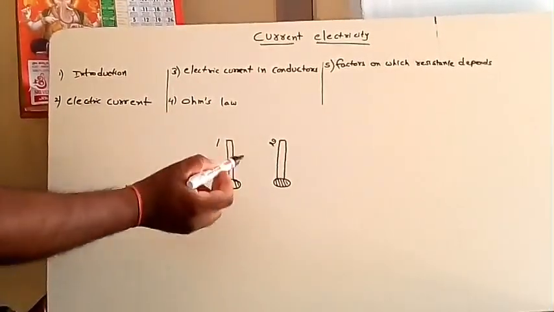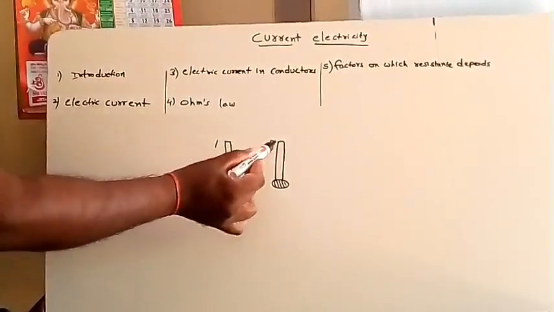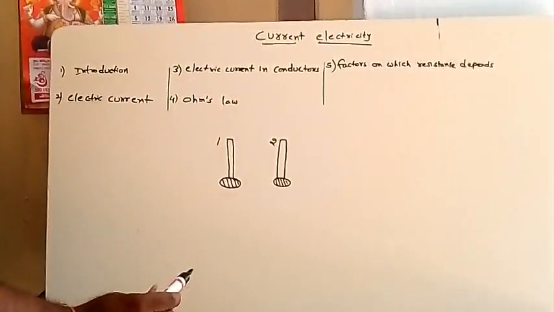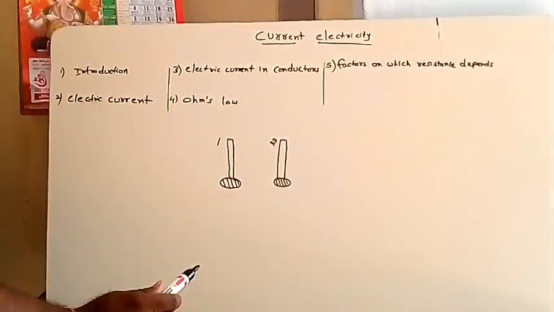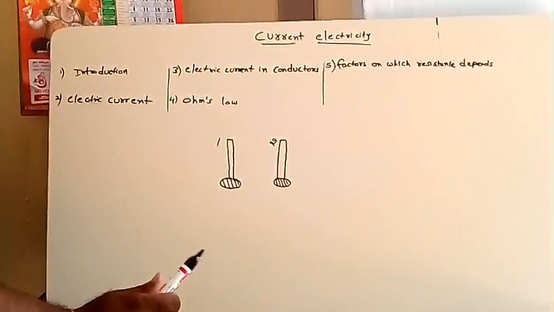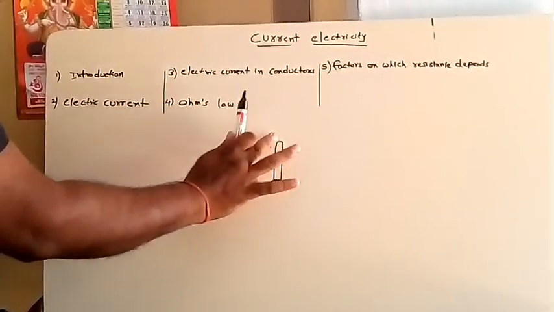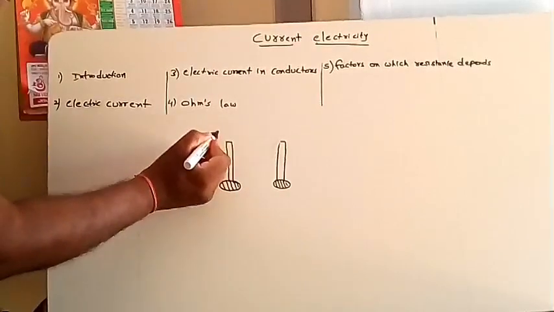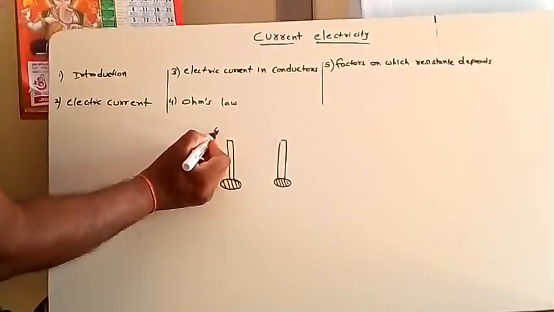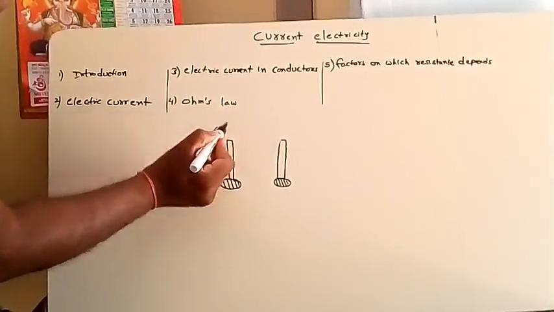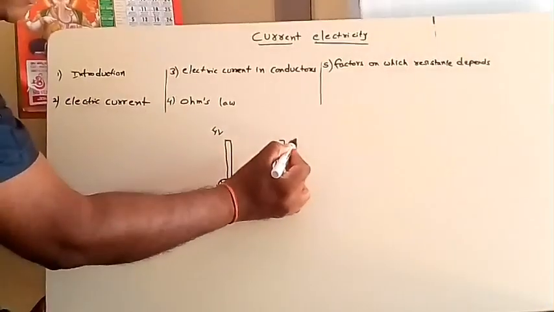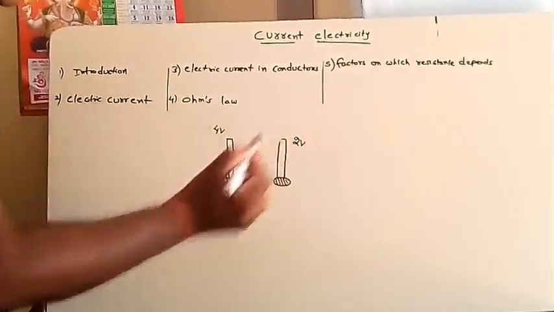Now, the first conductor as well as second conductor, it is charged, and a particular potential is given. Let us suppose the first conductor potential is 4 volts, and the second conductor potential is 2 volts.